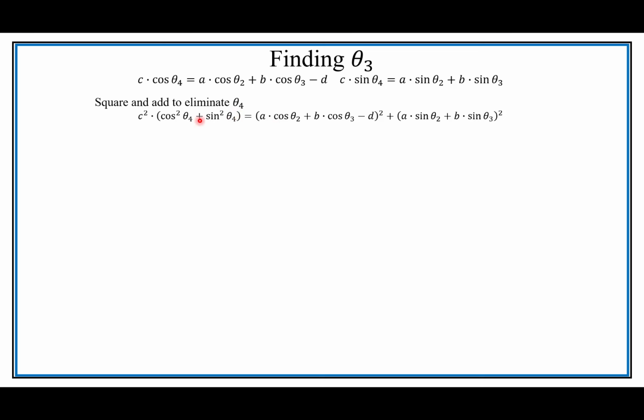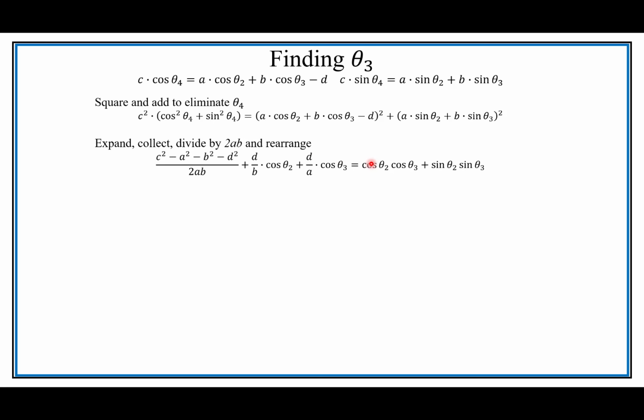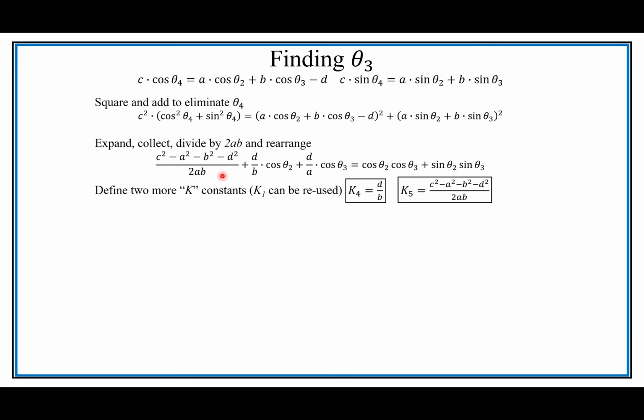And we square and add them in order to eliminate this right here. And you'll note, if we get rid of these terms, no theta 4 anywhere. Good news. So divide by 2a. That gets us sort of this arrangement so that we can clean it up by defining some more K's.